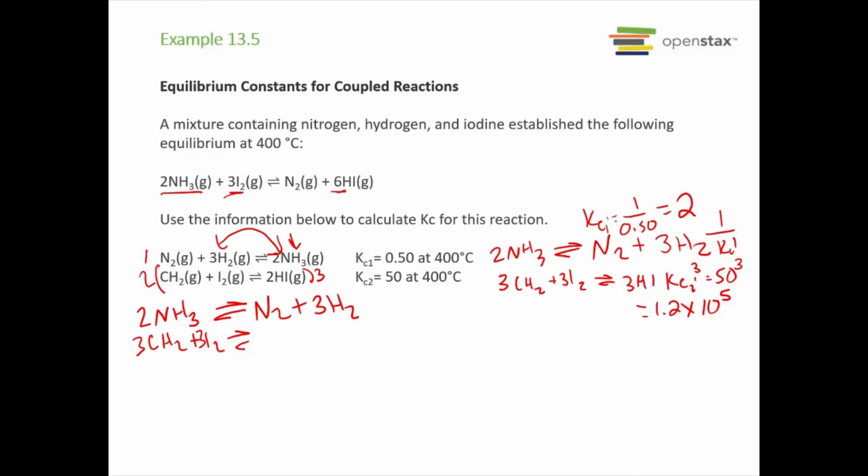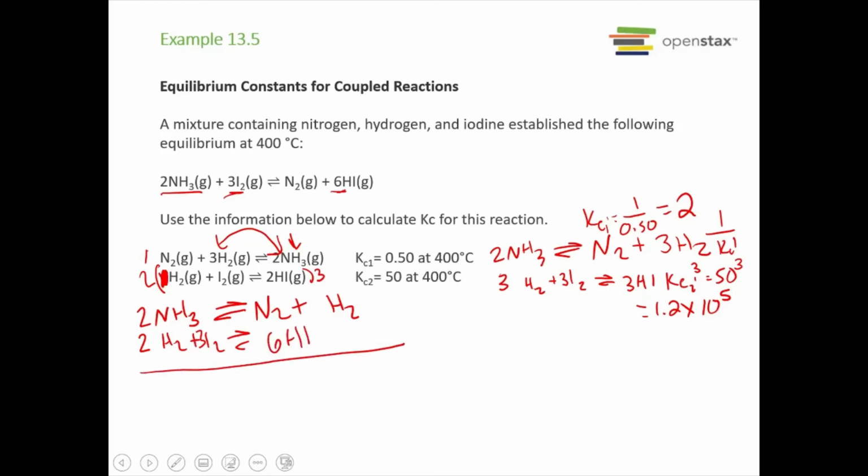Oh, that's not CH2, sorry, that's H2. Apologies. I was like, wait, that doesn't look right. All kinds of typos in my slides. I apologize, guys. And that's going to 6HI.